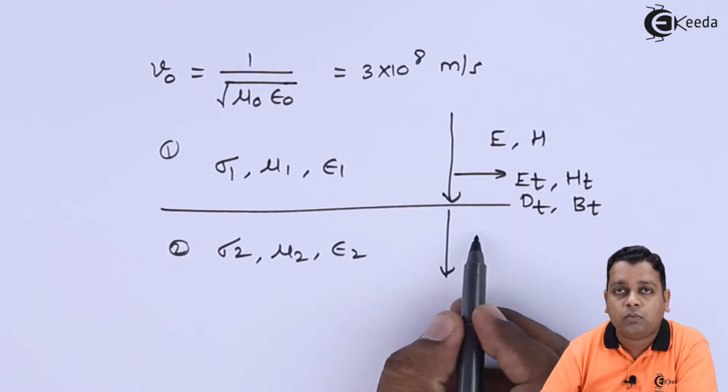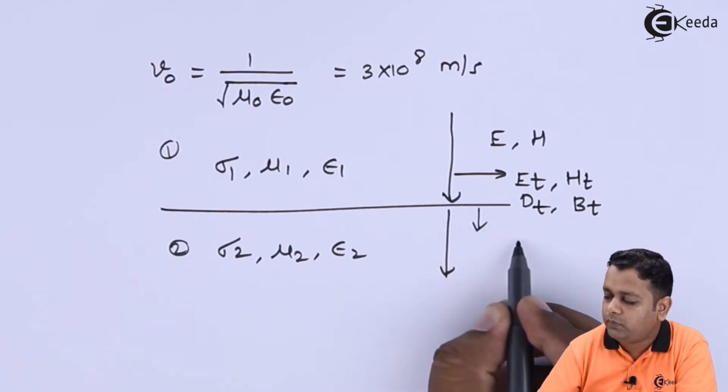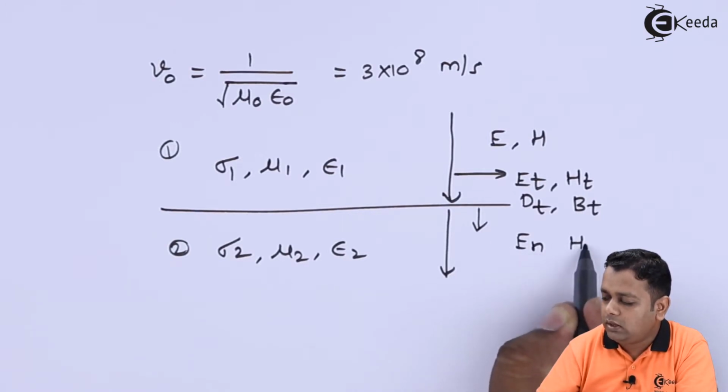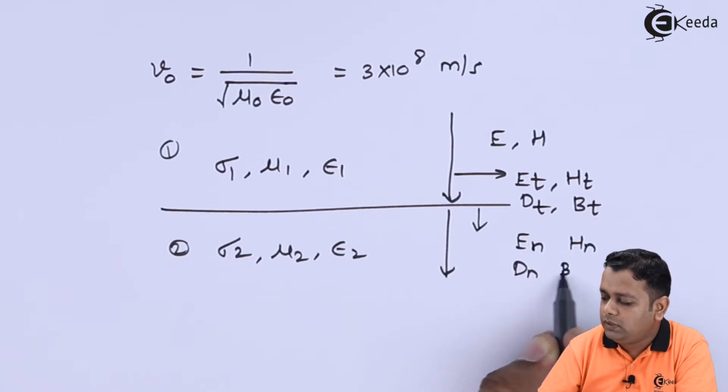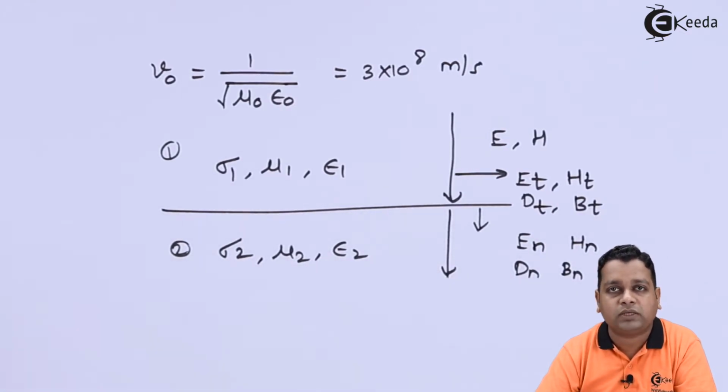Similarly, for the normal components, they shall be En, Hn, Dn or Bn, which we can interconvert with the help of Maxwell's equations or other equations.